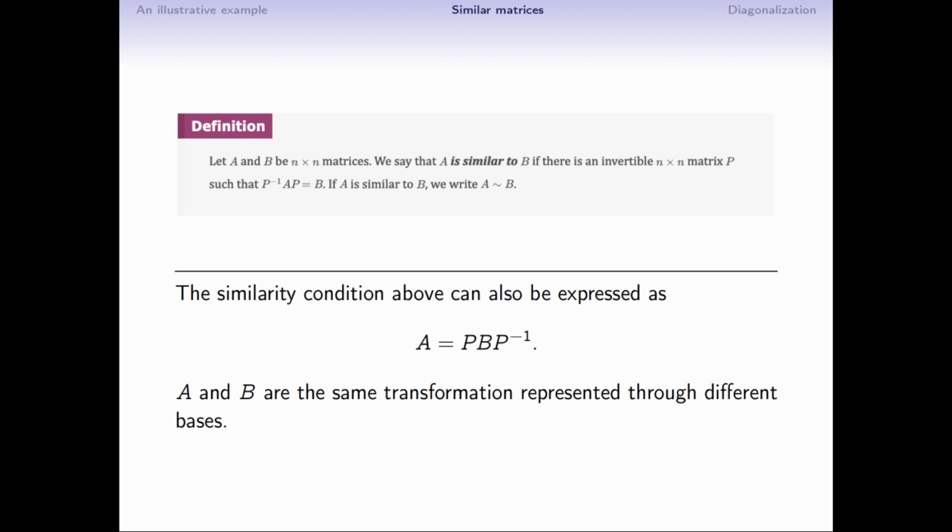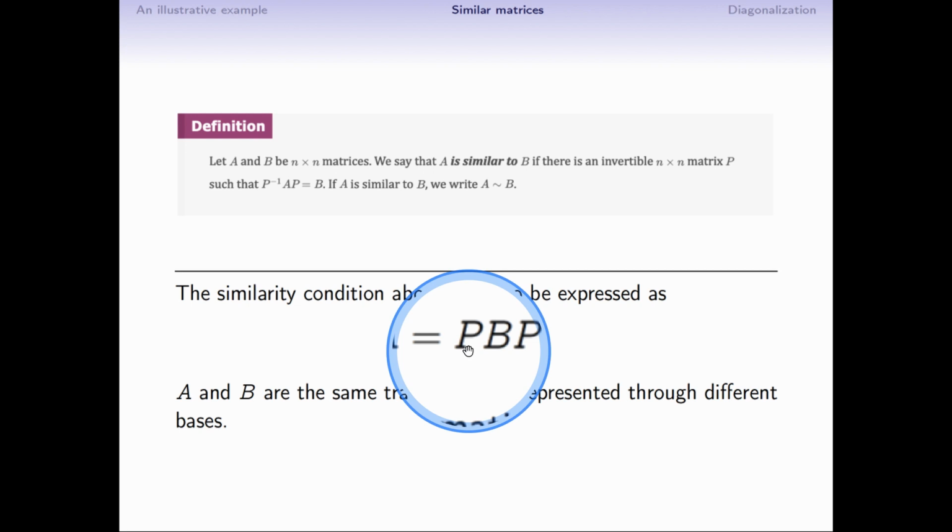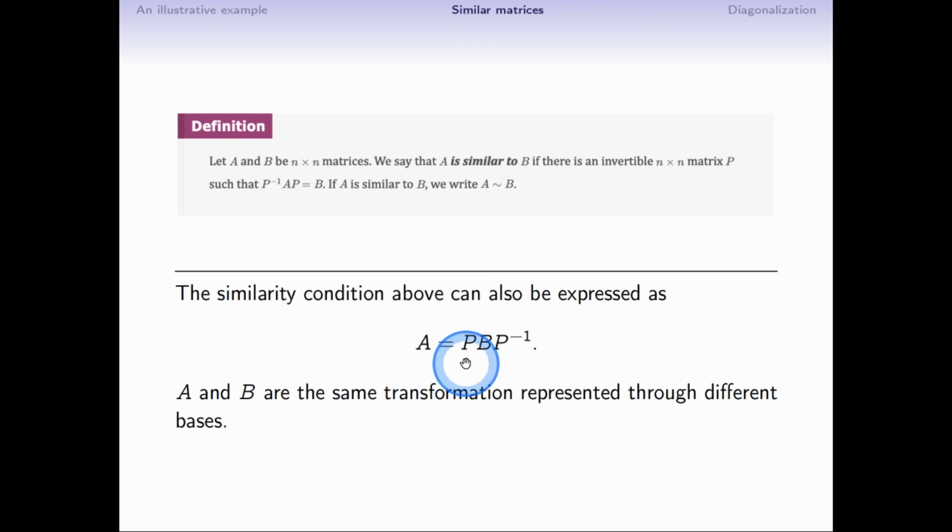B is relative to the basis vectors, which are the columns of this matrix P. So in a way, what matrix similarity is suggesting is that there's an underlying transformation that's being represented once through the standard unit vectors, and that's A, and a second time through a set of basis vectors that are encoded in this matrix P. So both A and B are referring to exactly the same transformation, but through different basis vectors. And that's an important concept to carry with us as we move through this section.